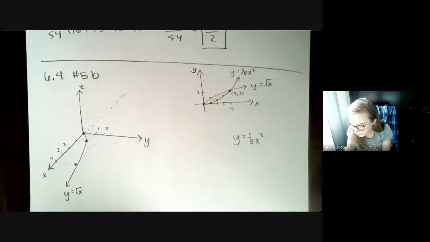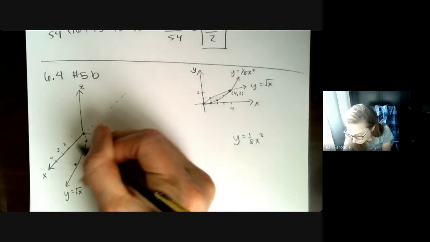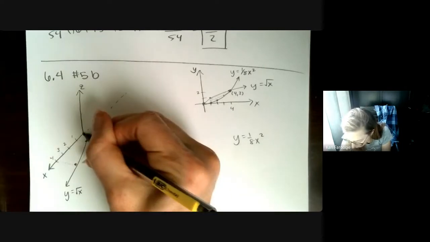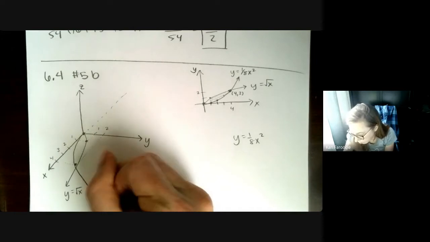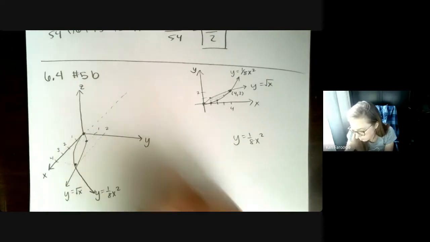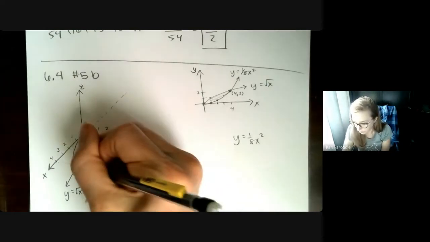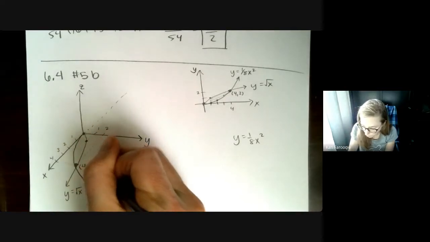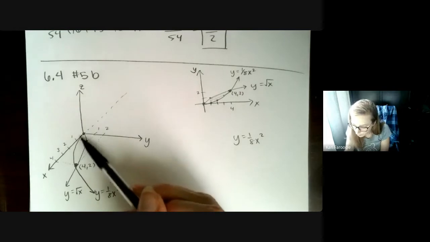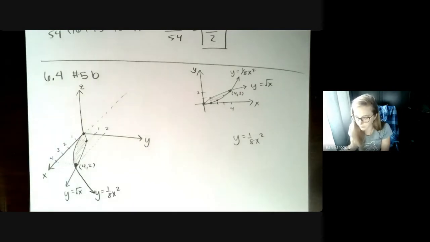And then the other function, it doesn't have to be exact. You have a sense for what it's doing. So you know it kind of comes up like this. And we'll call this y equals 1/8 x squared, as long as you know that these two are intersecting at this point (4, 2). All right, so that's your base.